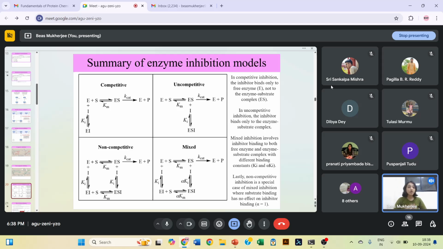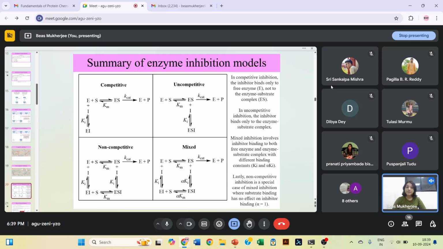In uncompetitive inhibition, it only binds to the enzyme substrate complex and not the free enzyme, and forms the enzyme substrate inhibitor complex. In non-competitive inhibition, it can either bind to the free enzyme or to the enzyme substrate complex, ultimately forming the enzyme substrate inhibitor complex.